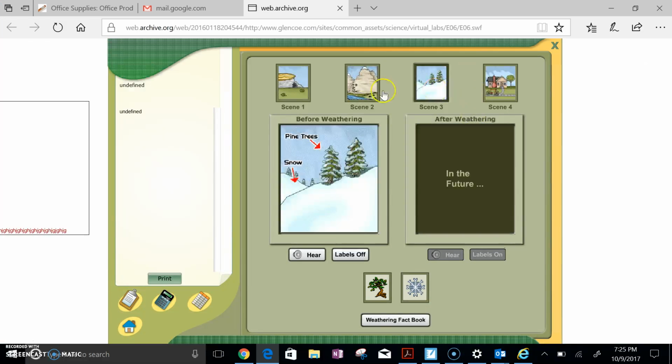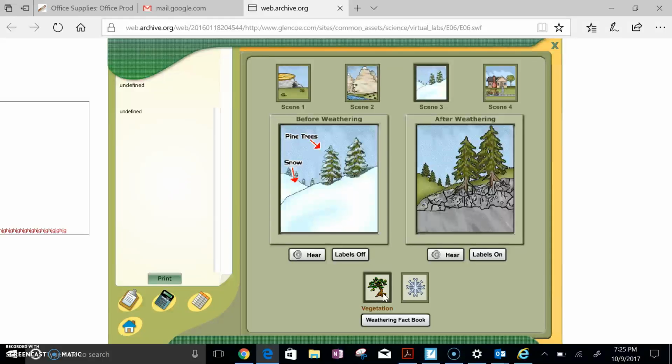Scene 3, we have beautiful pine trees and snow. So we're going to see what happens when vegetation grows. Okay, so underneath this snow is rock and soil. And as this tree grows, the roots are breaking apart the rock that is below the soil line.